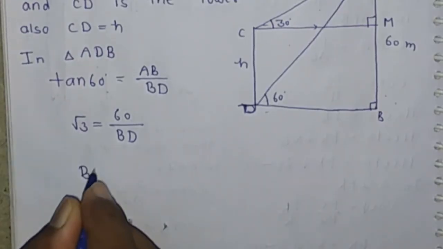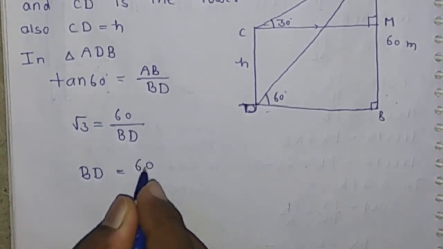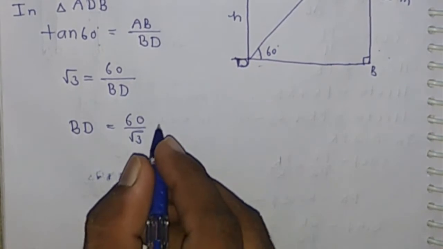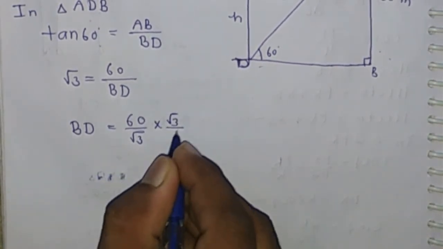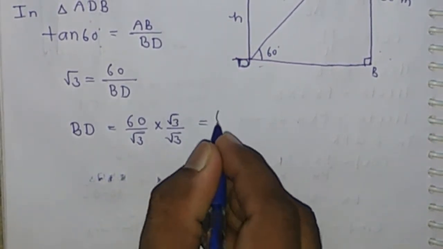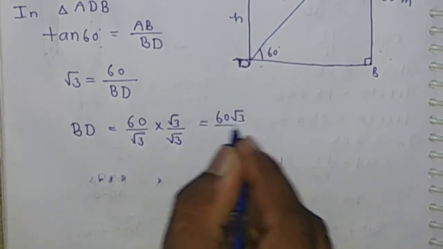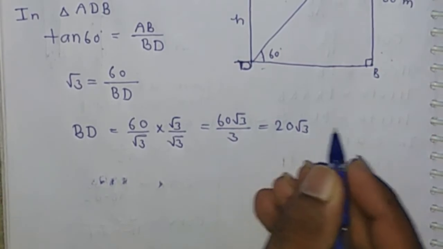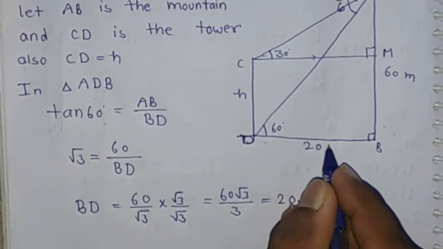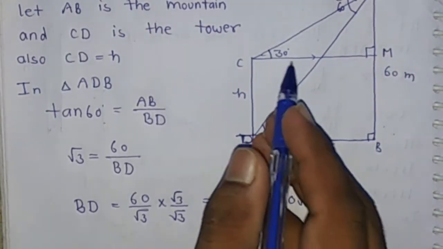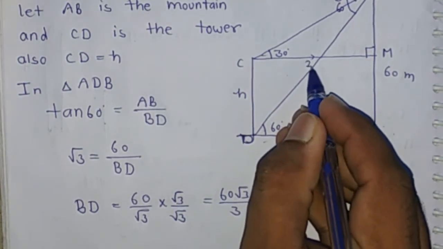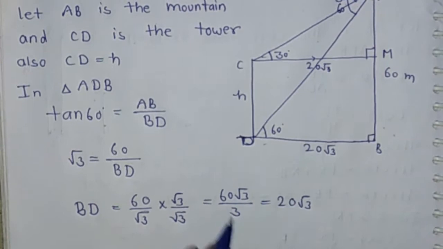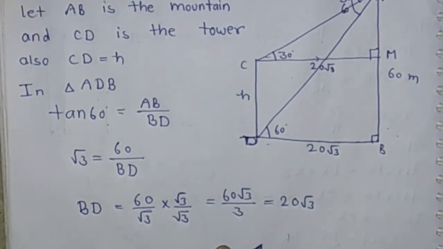Then BD equal 60 by root 3. Now rationalize the denominator. We have root 3 by root 3, 60 root 3 by 3, then it is 20 root 3, means BD is 20 root 3 and BD is equal to CM. Opposite sides are equal. Then CM is also 20 root 3.